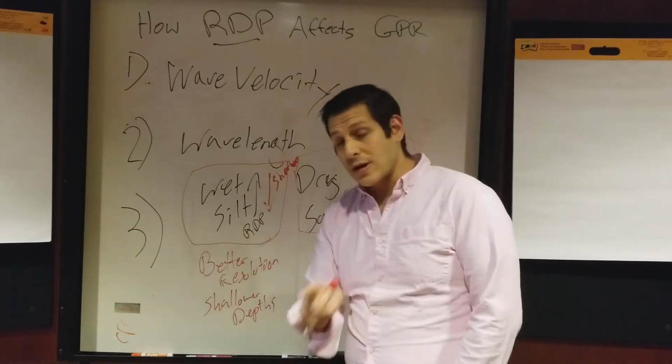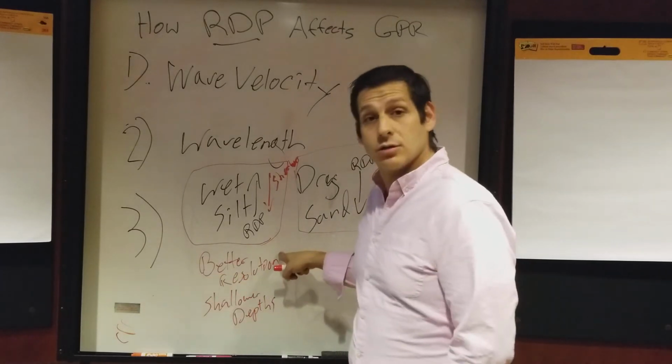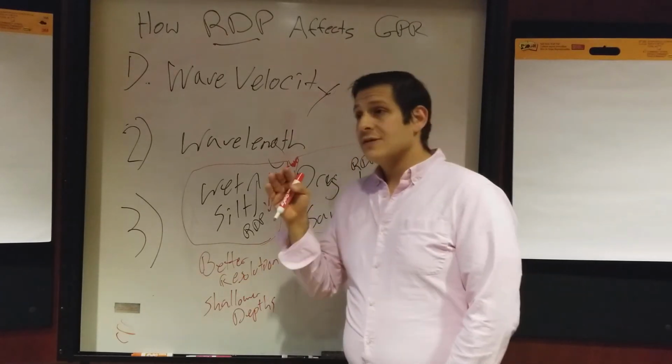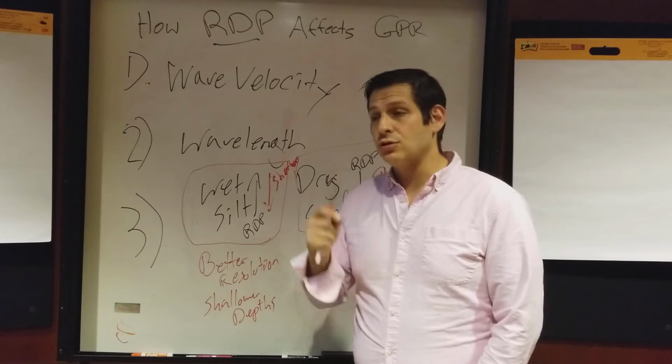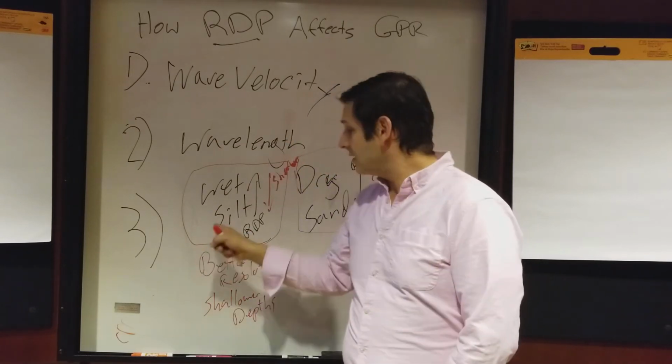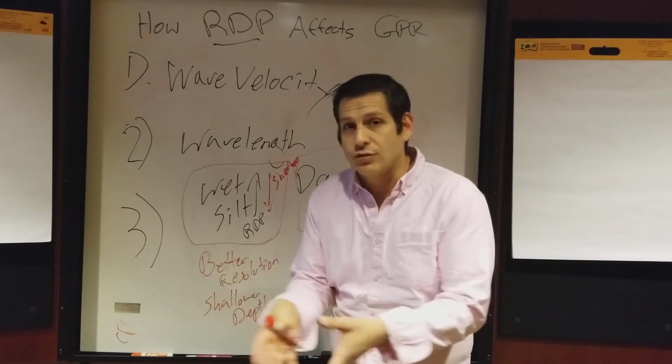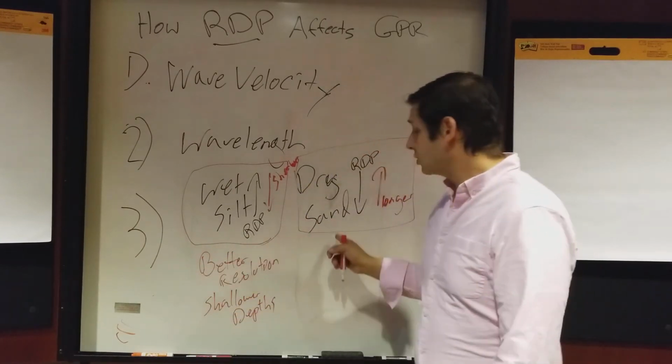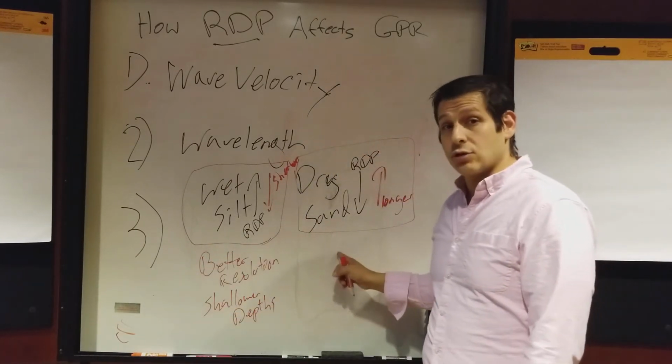But because it's a short wavelength, it'll have a better resolution, meaning the same exact antenna might be able to define multiple targets in this situation, buried in the same trench, for example, where in this situation it might not be able to because it's going to have a longer wavelength.